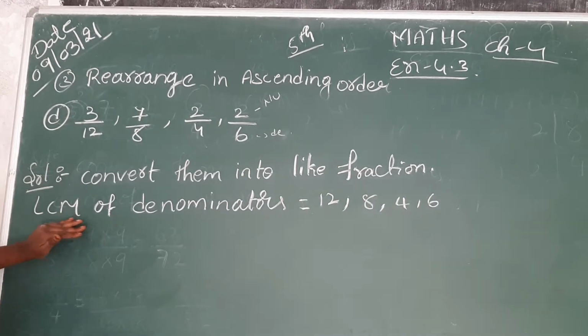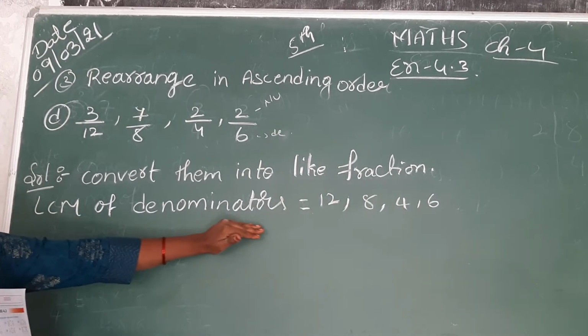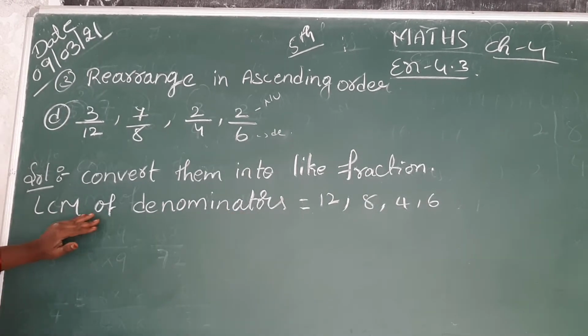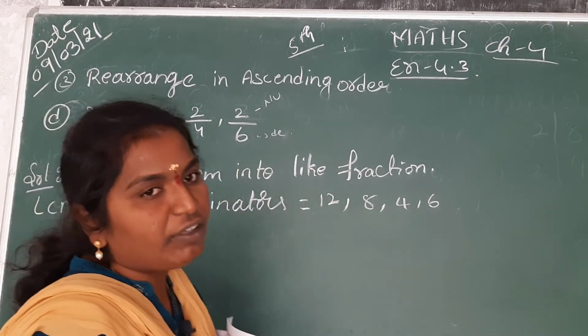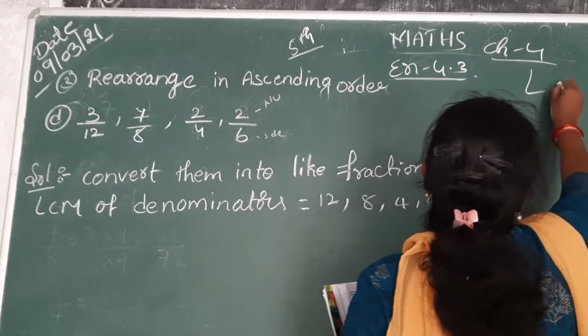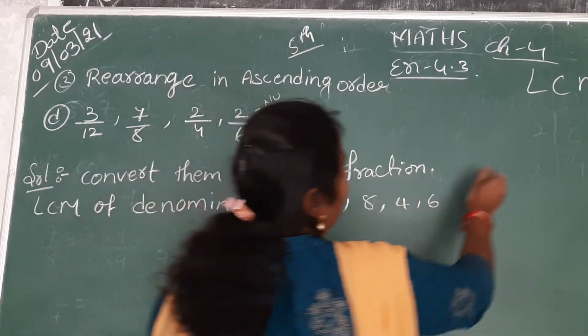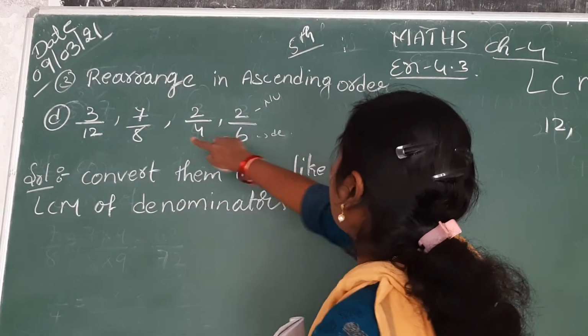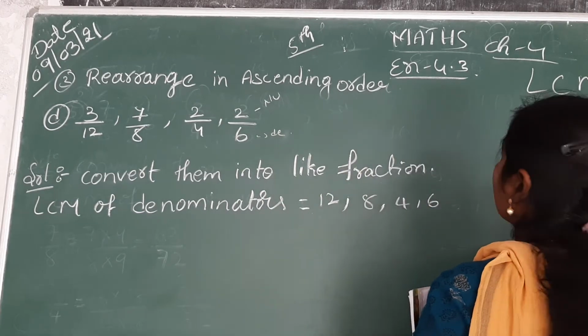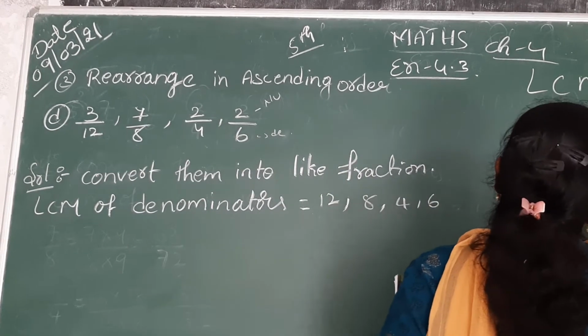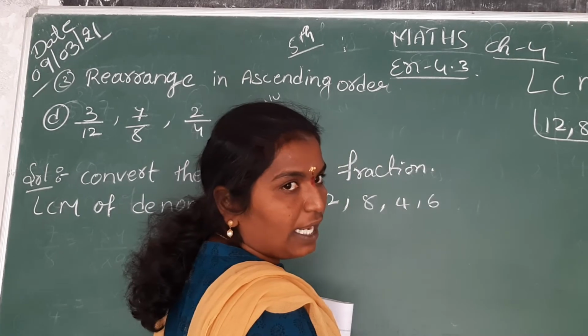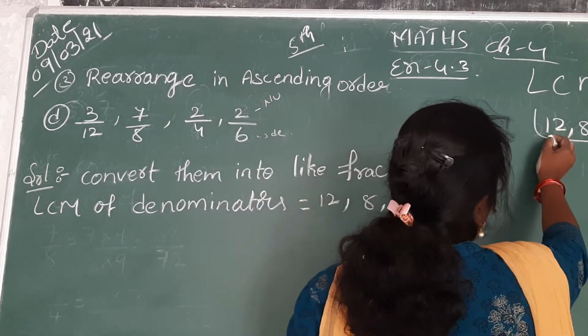So we have to find the LCM, the least common multiple, of the denominators. How will we find the LCM? See the method. The denominators are 12, 8, 4, 6. So do the LCM.